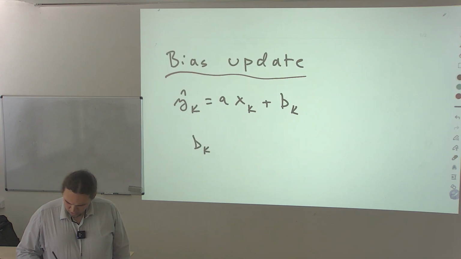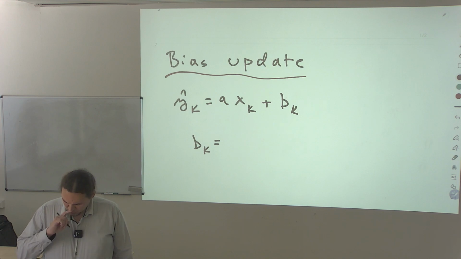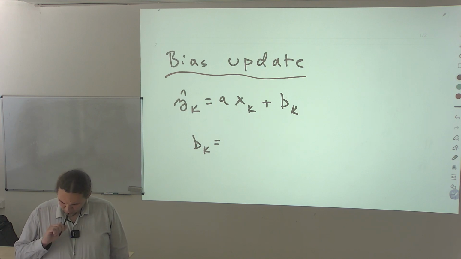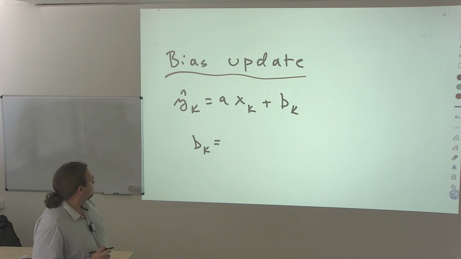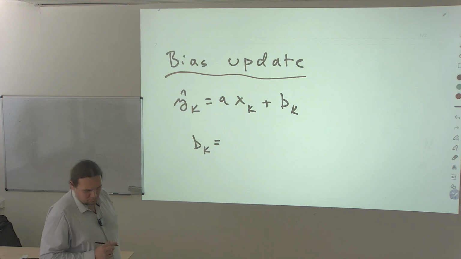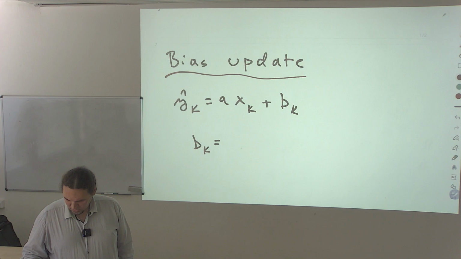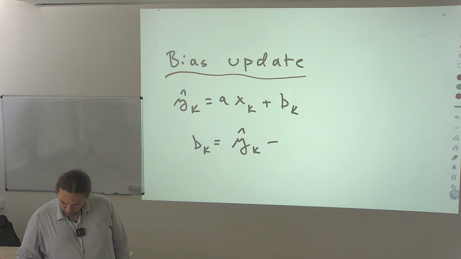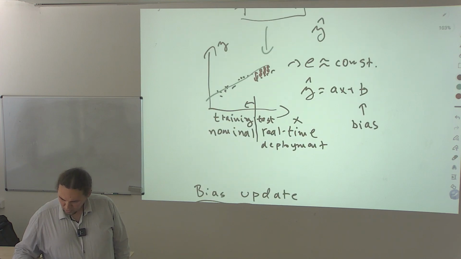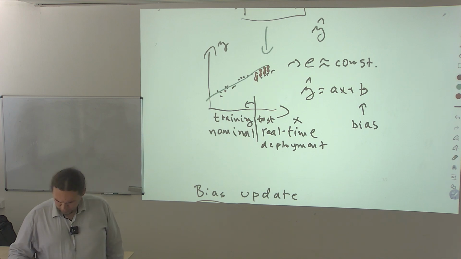So what we can easily do is fix this one. We can, for example, say that this B_k would always react to what we have seen in the past and what we have predicted in the past. So basically we are removing the error that we have seen.